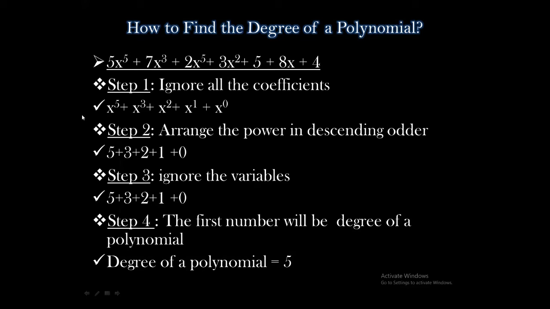I guess I made a mistake there too, I'm sorry. So we are going to arrange it in descending order and ignore the variables. And then we got here 5, 3, 2, 1 and 0. So here the first number, which is the greatest because we arranged it in descending order, will be the degree. So the degree of the polynomial is 5 in this algebraic expression.